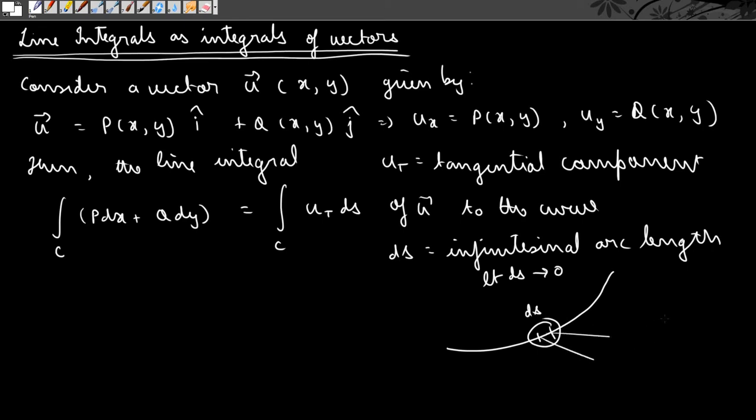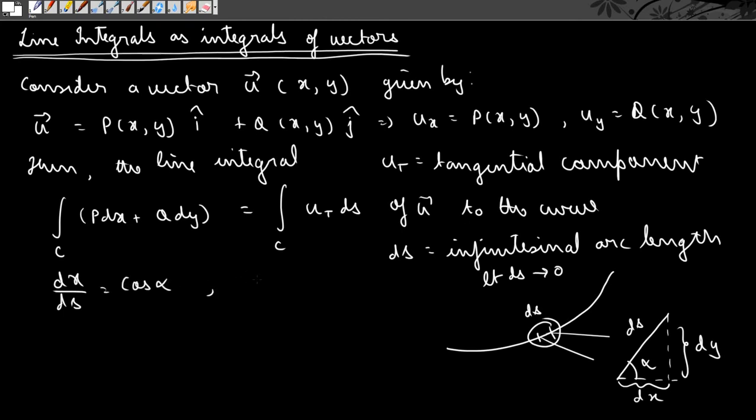If I zoom in, I will get a line whose length is ds, which means I can form a right angle triangle, and this will become dx, this will become dy. If this angle is alpha, then dx by ds is equal to cos alpha, and dy by ds is equal to sin alpha.